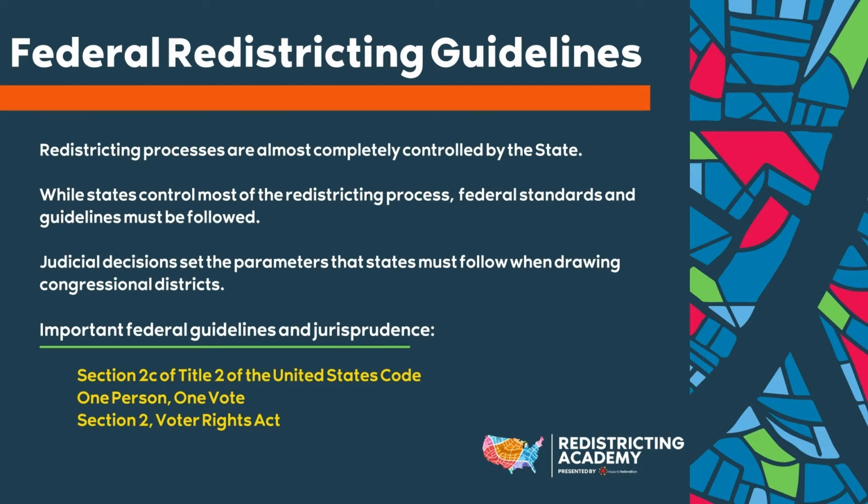Most of these guidelines have been set by judicial decisions when different groups or citizens or even the state sued different entities because they thought that the congressional districts were unconstitutional. And that has led to some federal jurisprudence when it comes to redistricting guidelines. And we're going to talk a little bit about them.